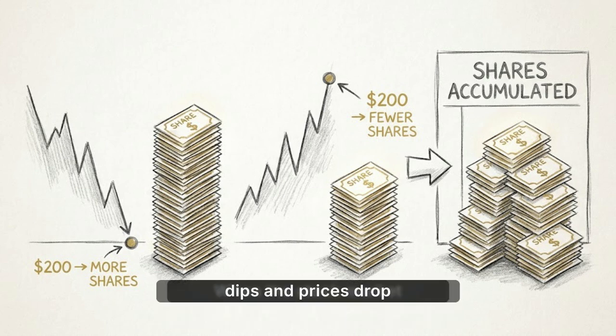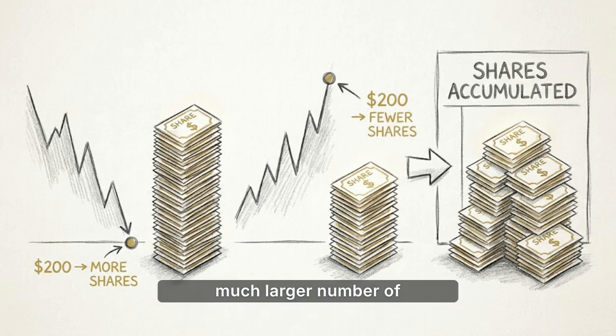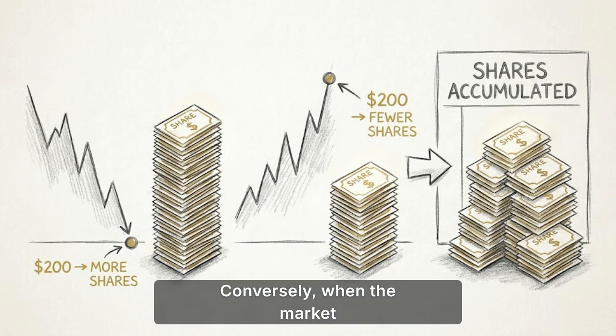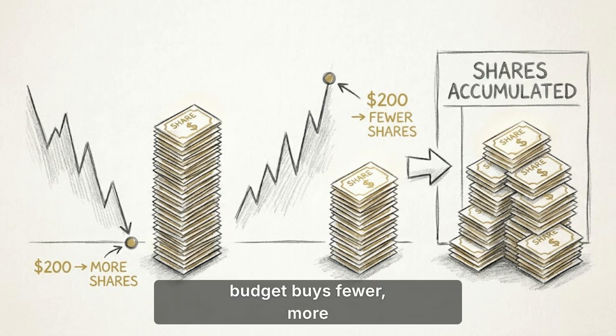When the stock market dips and prices drop lower, your fixed $200 automatically scoops up a much larger number of those discounted shares. Conversely, when the market rallies and prices climb to a temporary peak, that exact same $200 budget buys fewer, more expensive shares. You don't need to stress over predicting these movements in advance.